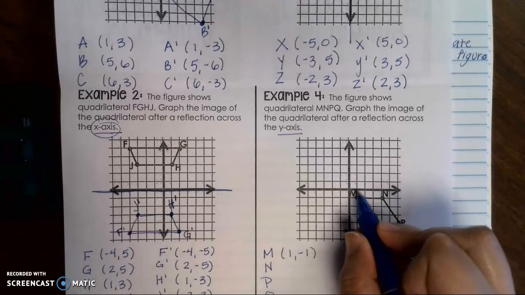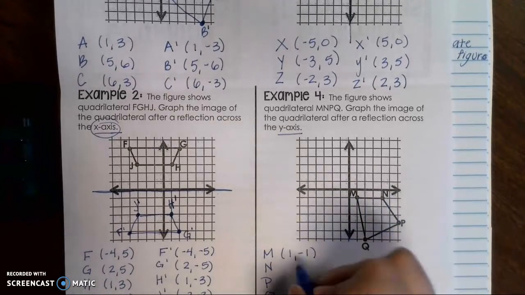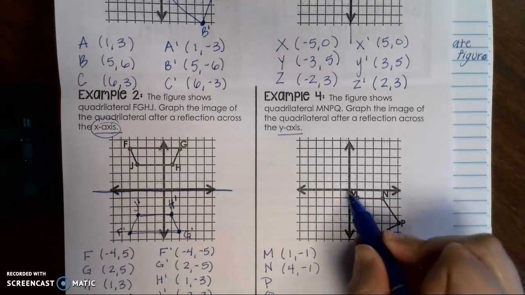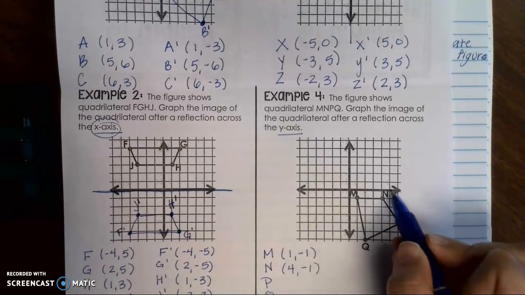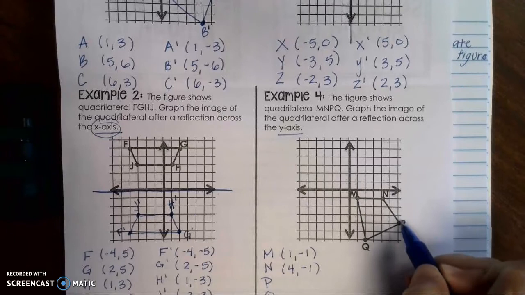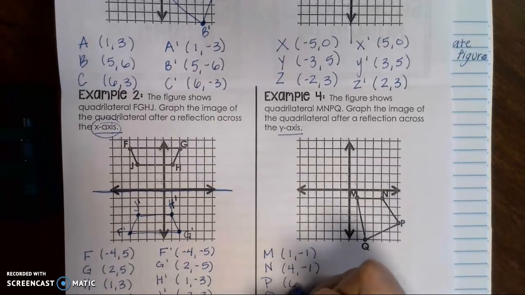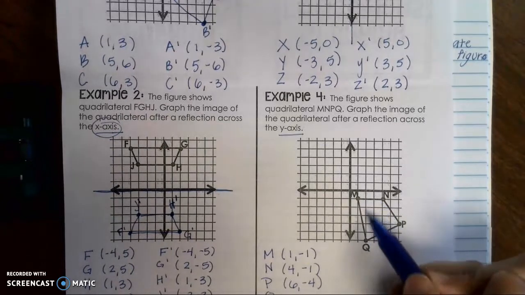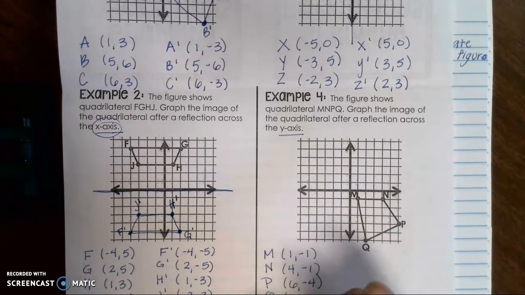N is at 4, -1. P is at 6, -4. And Q is at 2, -6.